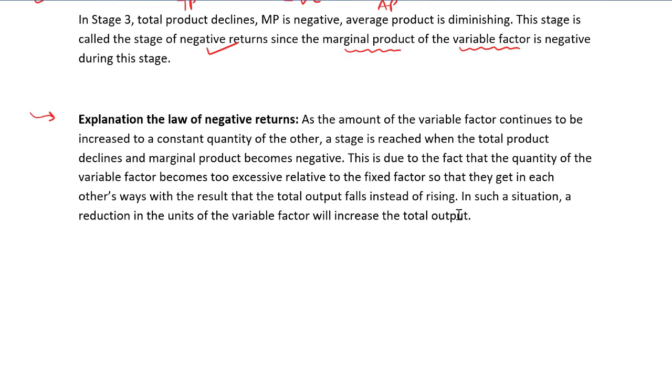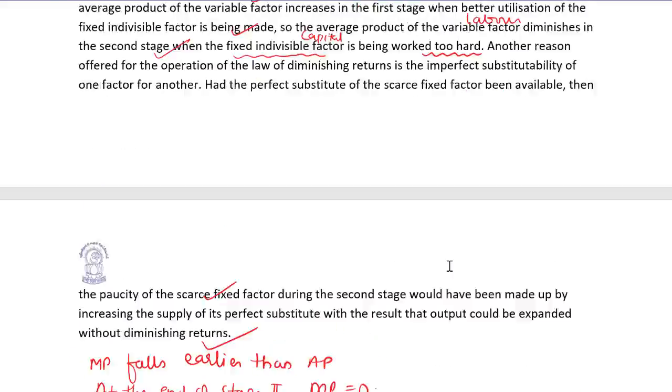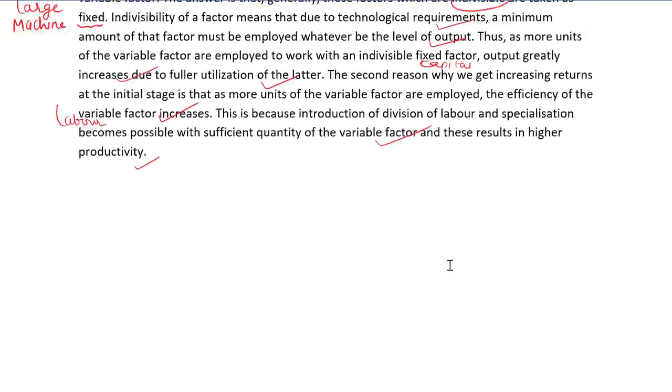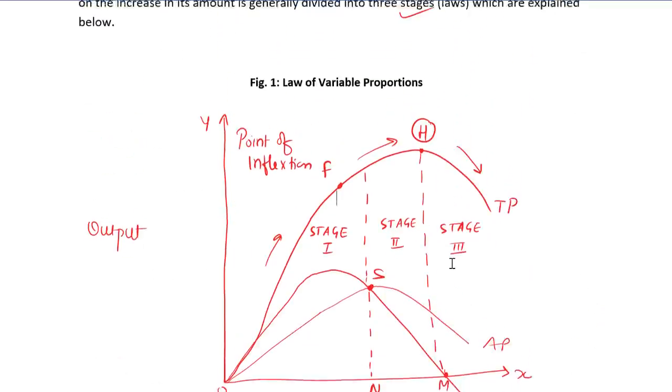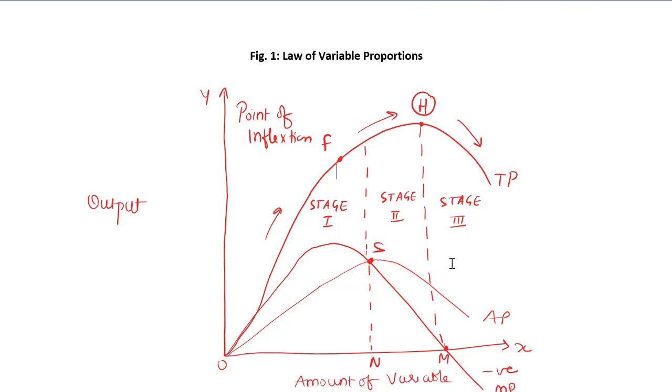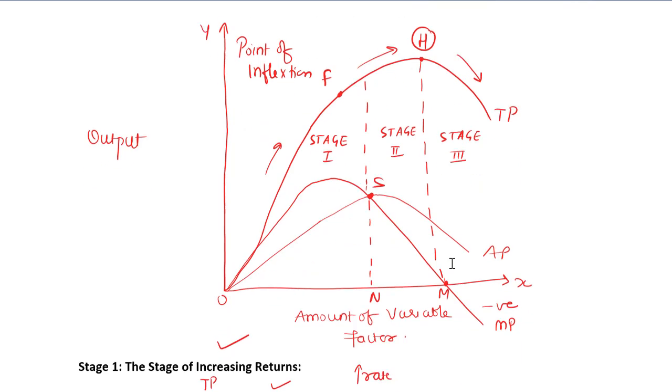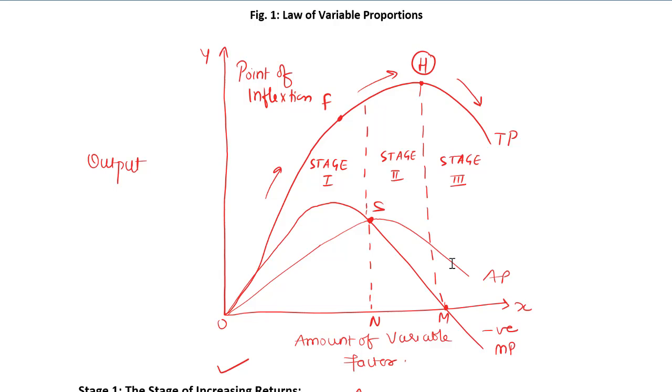Explanation of the law: as the amount of variable factor continues to be increased with a constant quantity of the other, a stage is reached when the total product declines and marginal product becomes negative. When total product starts to decline, the marginal product will become negative. After point H it happens with total product, and after point M it happens with marginal product. You can see it in the graph on your screen.